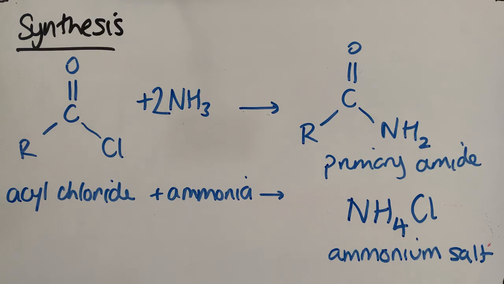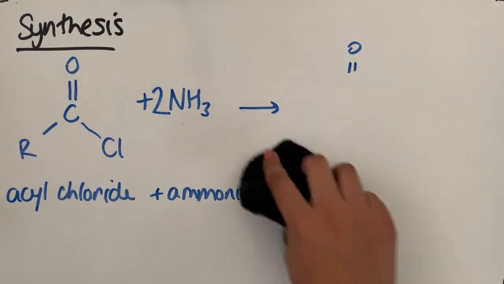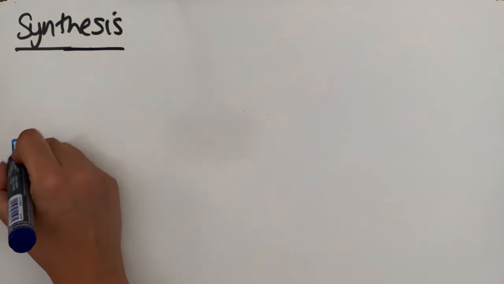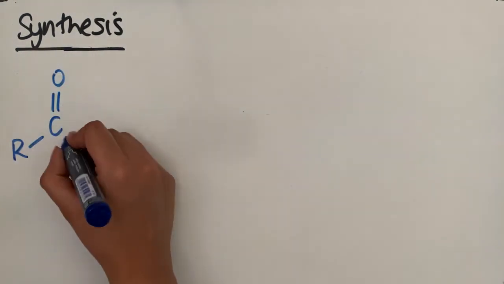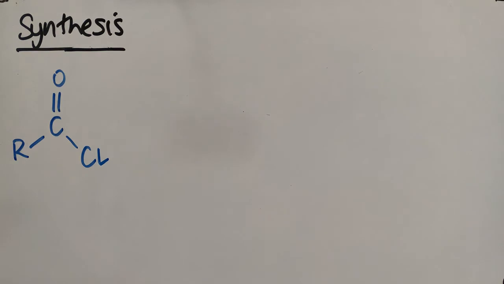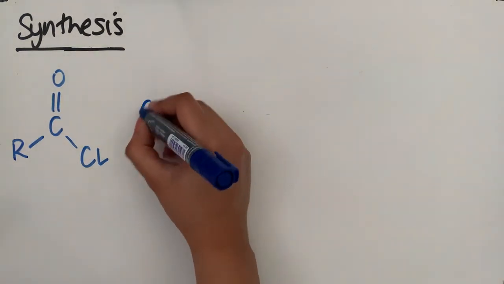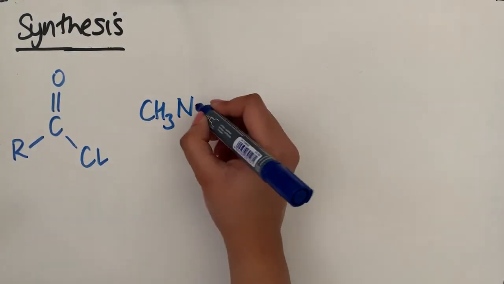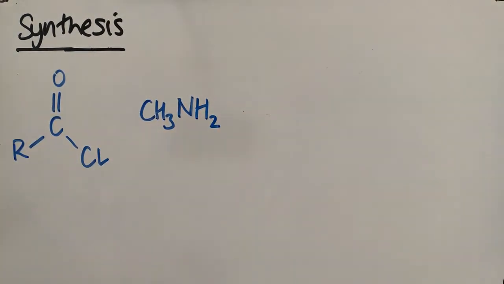Right. Let's now have a look at how we might make a secondary amide. Secondary amide is just the same. We still use an acyl chloride. But now, rather than reacting it with ammonia, we react it with an amine. So if I choose this primary amine, that is just methylamine.